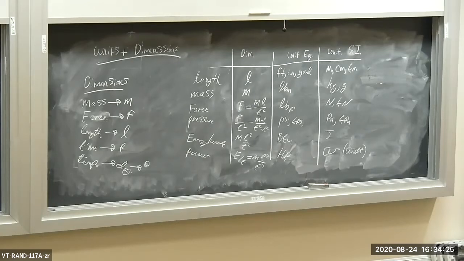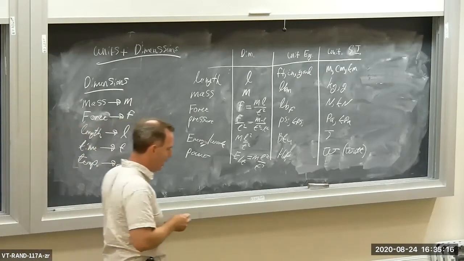A system is a fixed amount of mass, or a given region in space. A fixed amount of mass or a given region in space.